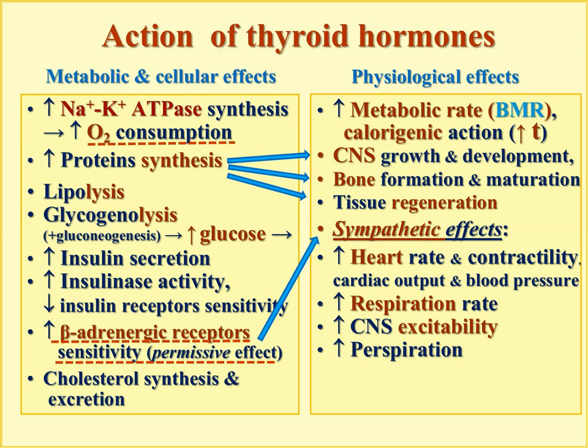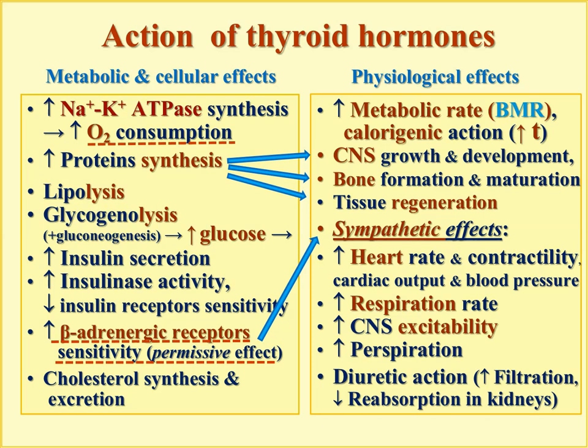All this due to permissive effects. And then there is slight diuretic action, predominantly because of filtration over reabsorption in kidney. Partially it's because of the vascular effects with high filtration. So these are physiological effects of the thyroid hormones.